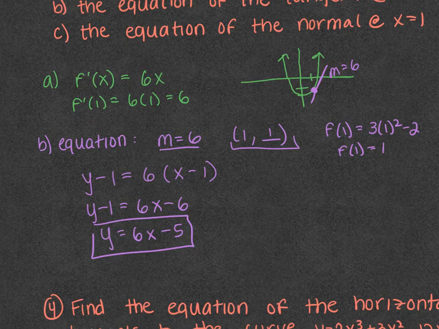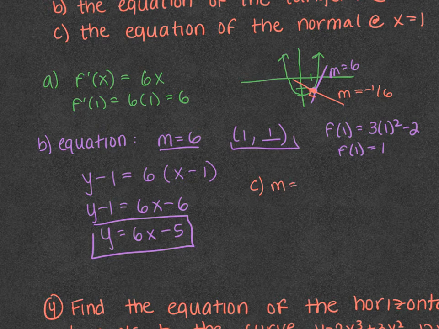Okay. For part C, running out of space a little bit, but part C, they want us to find the equation of the normal. As I was saying earlier, the normal line is perpendicular to the tangent line. So if the tangent line had a slope of 6, then the normal line is going to have a slope of negative 1/6, and it's still passing through the point (1, 1).